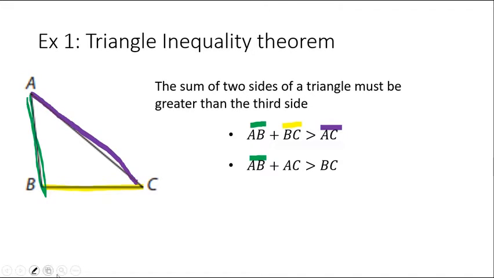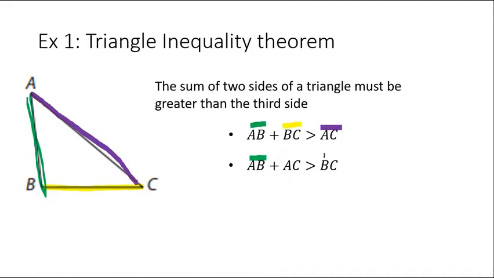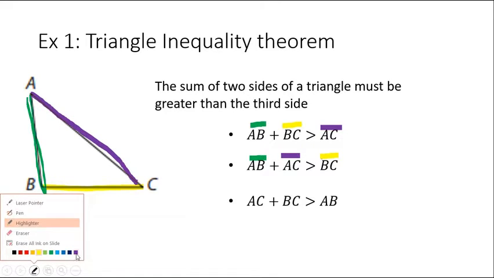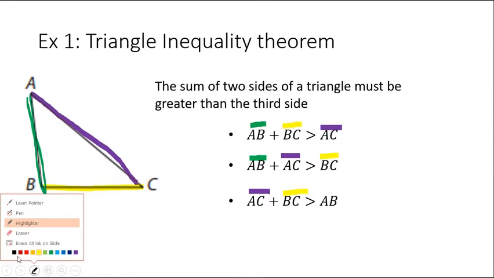AB and AC together has to be bigger than BC. And the third inequality says AC, this is the purple side, and BC, if you add those together, the sum of those two has to be bigger than or greater than AB.